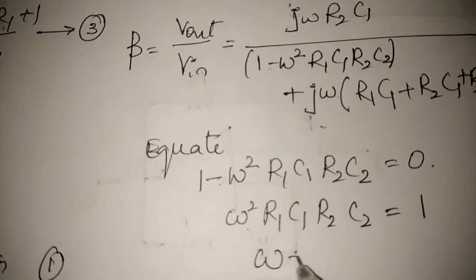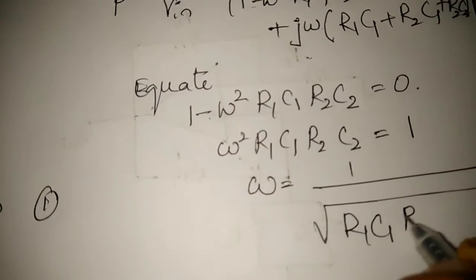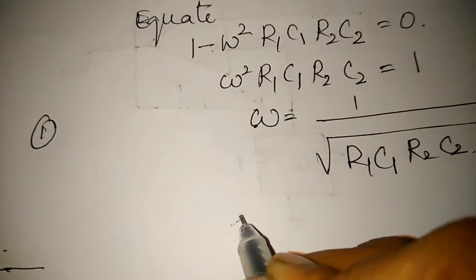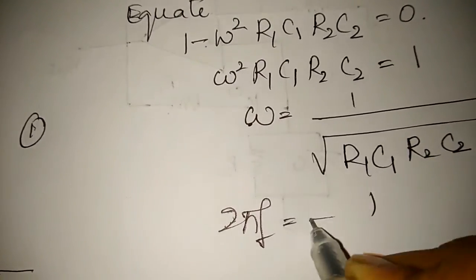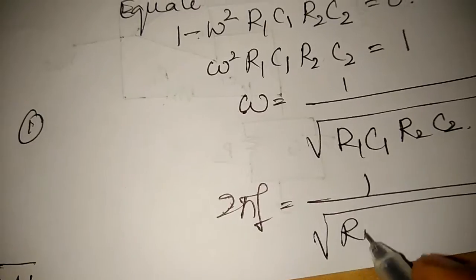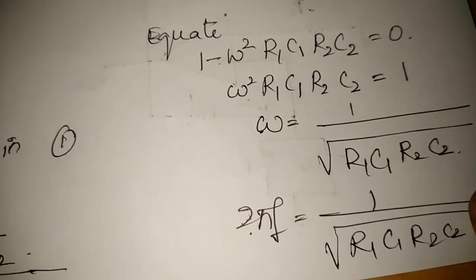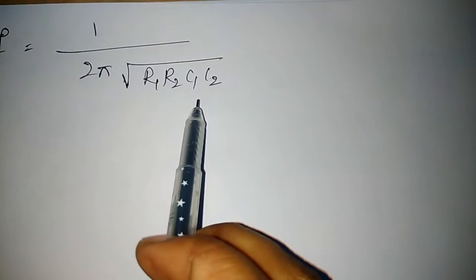So omega will be equal to 1 divided by root of R1C1 R2C2. This omega is nothing but 2 pi f. So 2 pi f is equal to 1 divided by root of R1C1 R2C2. Correct? So f will be equal to 1 divided by 2 pi root of R1 R2 C1 C2. So this is what we have got.